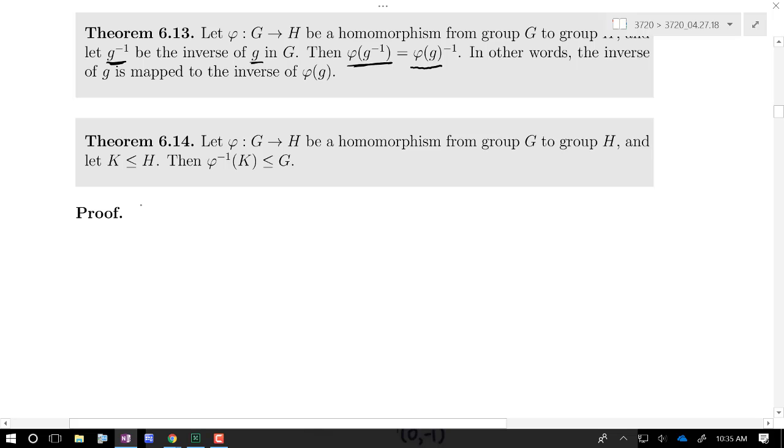So here's what we need to show. We spent a bunch of time last class establishing that subgroup criterion, that one-stop shopping to show that something is a subgroup.